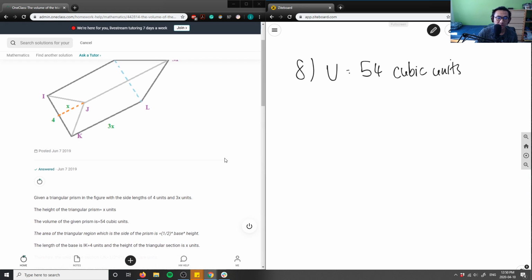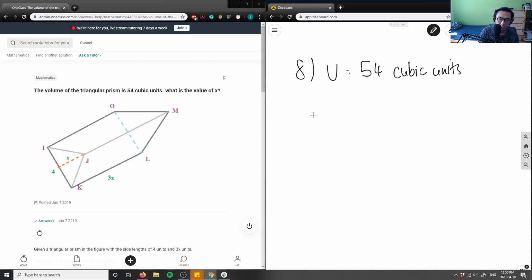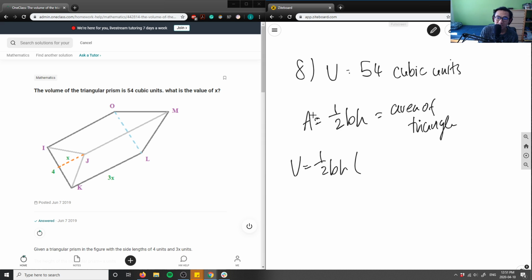So what we're going to have to do, if I want to find the volume of this, I can honestly just do the area of a triangle, which is A equals half bh is the formula. If I want to find the volume, if I want to add a dimension to it, I'm going to have to multiply it by something else. So area of a triangle is half times base times height. To find the volume, I would have half times base times height times the length, right?